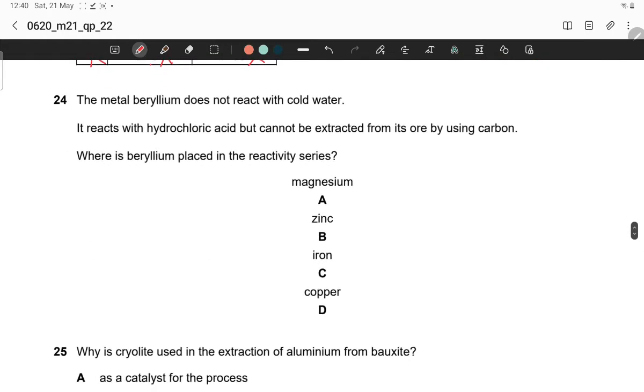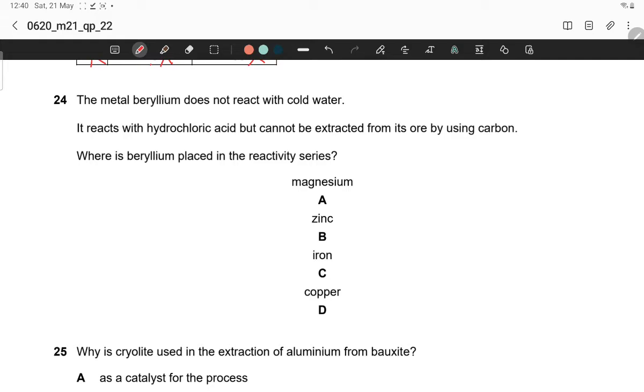The metal beryllium does not react with cold water. It reacts with hydrochloric acid but cannot be extracted from its ore by using carbon. Where is beryllium placed in the reactivity series?